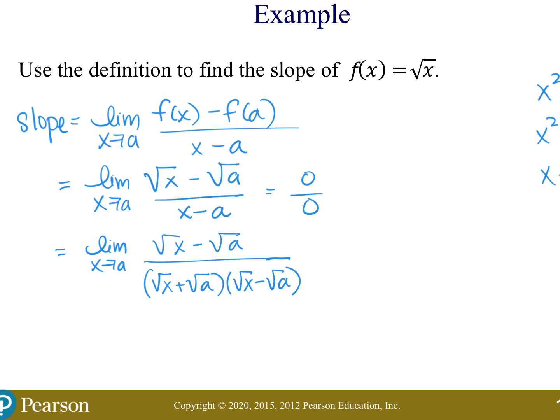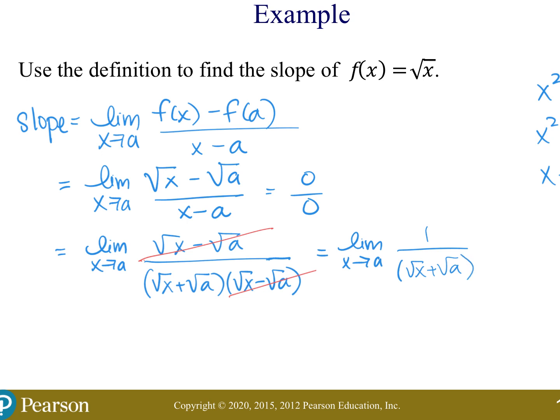So then I can reduce this, x minus a completely reduces. Does that mean that the numerator has just evaporated and there's nothing left? What is in the numerator? 1 over the square root of x plus the square root of a.